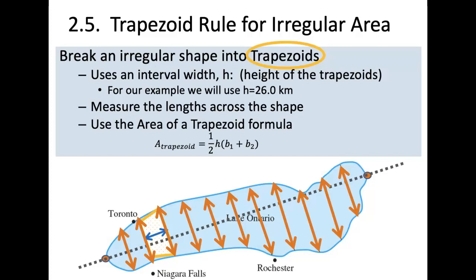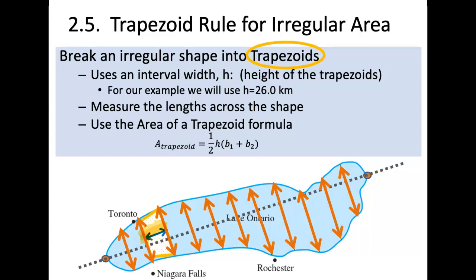Now, in this diagram that you see, down here at the bottom, where we've got this blue arrow, blue line, that's our interval h. Okay, so we want to make sure all these other lines are that same distance apart.